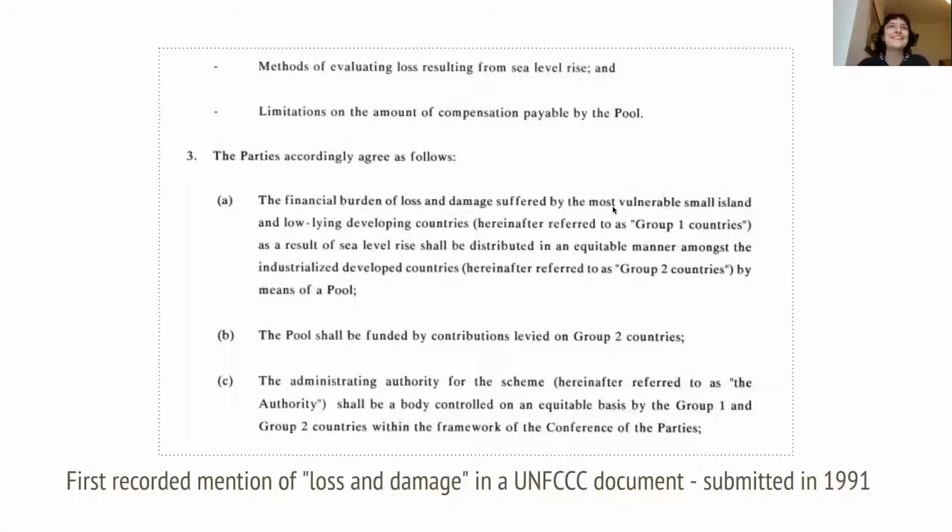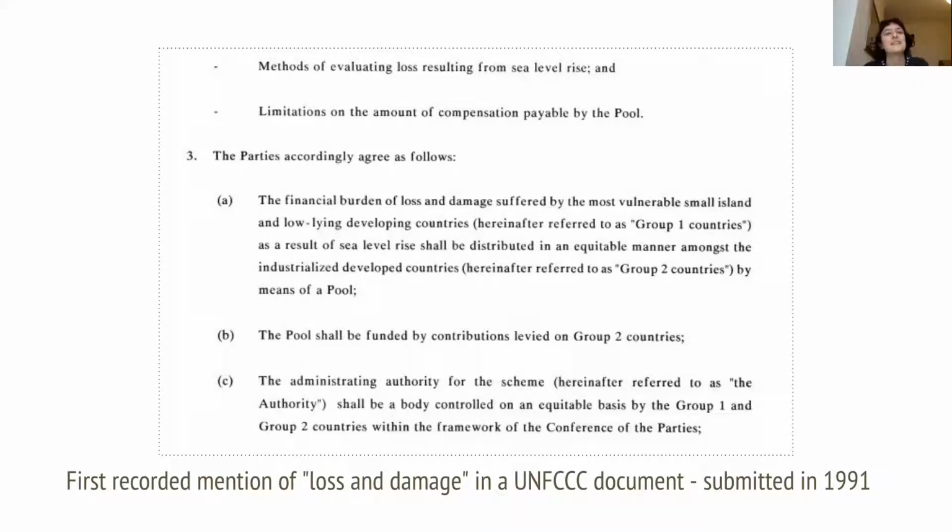And here is an interesting artifact: the first recorded mention of loss and damage in a UN climate change document, submitted in 1991. So it has been 30 years and still no real action has been taken on loss and damage, though there has been a lot of discussion.